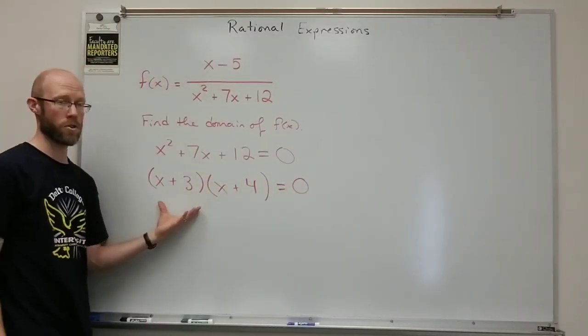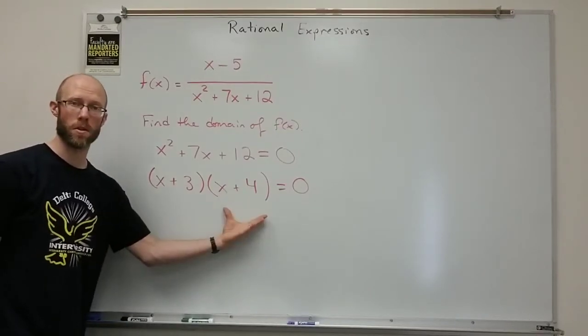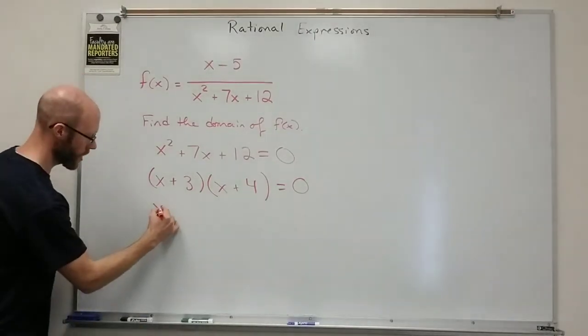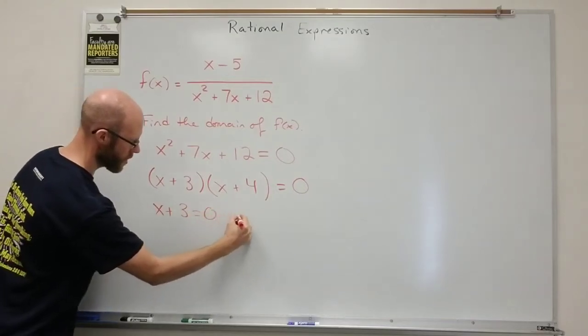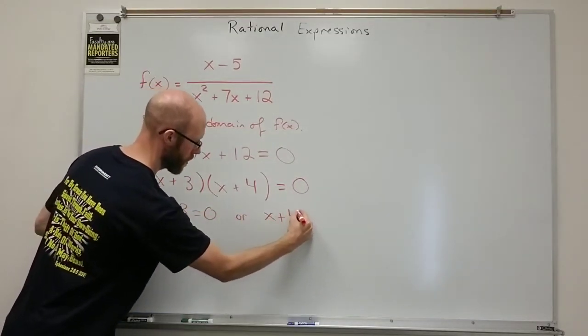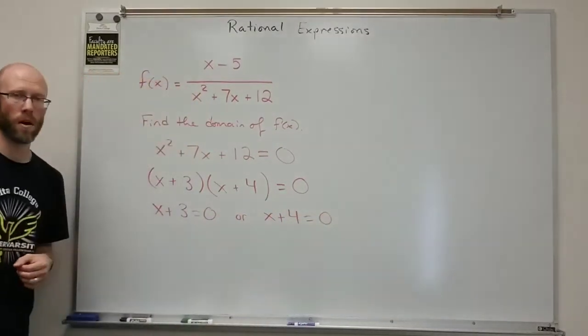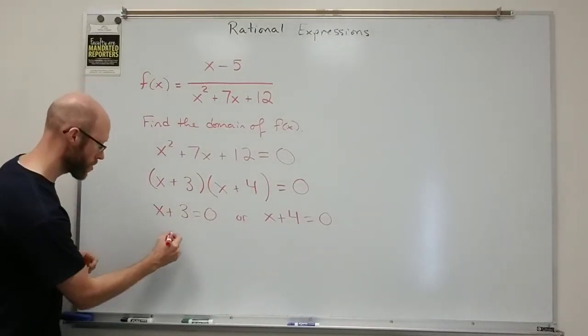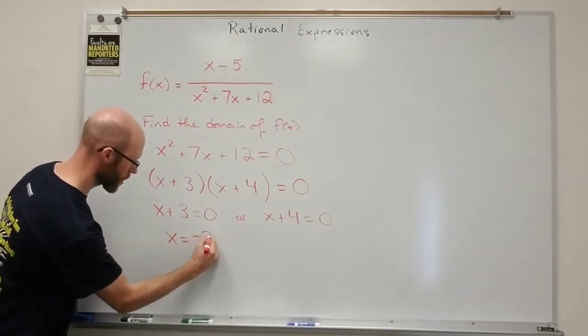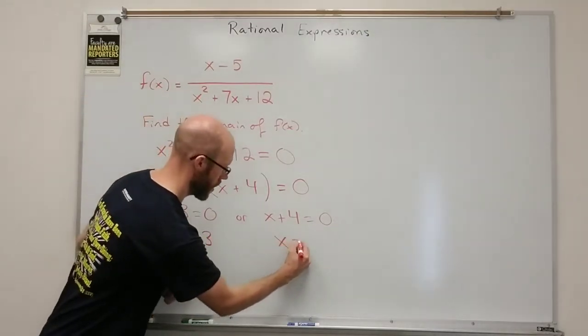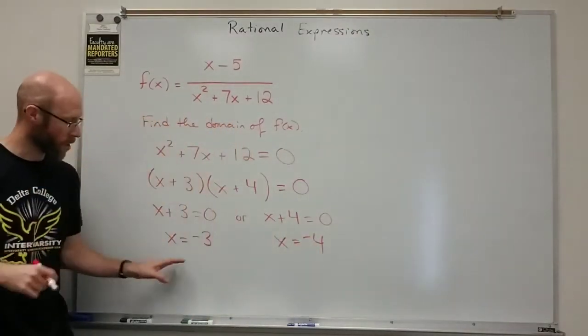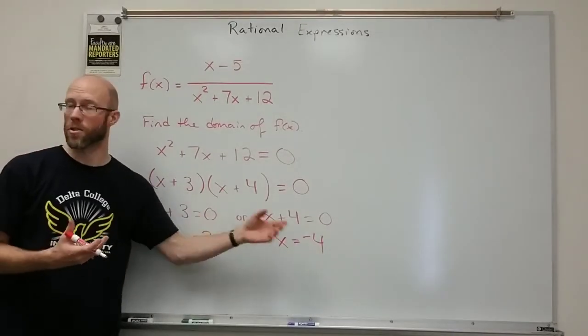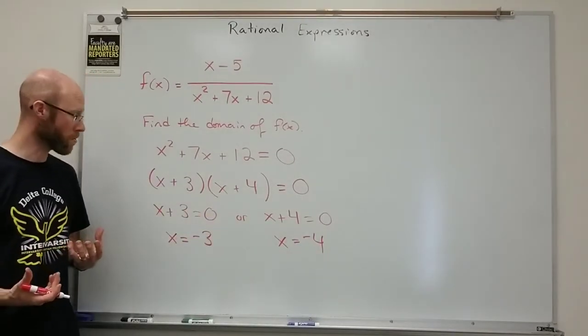And of course, the zero factor property says if two things are multiplied together equaling 0, then at least one of them individually must be 0. We then solve each of these equations, and we get x equals negative 3 and x equals negative 4. Okay, so those two values are the two values we must exclude from the domain.